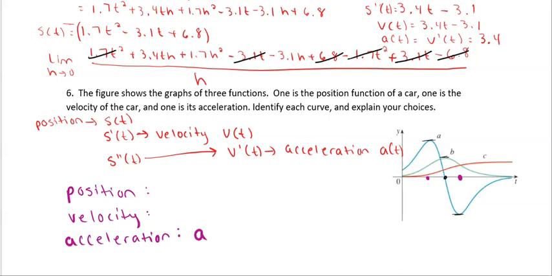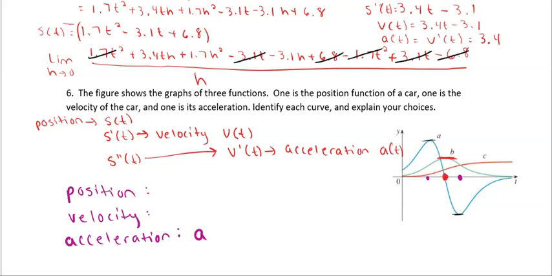Let's see if that works out. Let's see if we can figure out the others. If acceleration is A, that means I took the derivative of velocity to get to A. So how can we see some comparisons there? Well, here's B right here. I see that maximum still for B. So if I still have this maximum right here for B, and I take its derivative, I'll get 0.